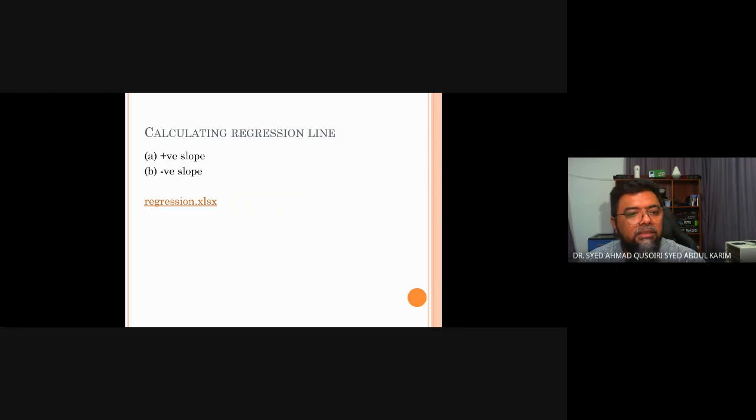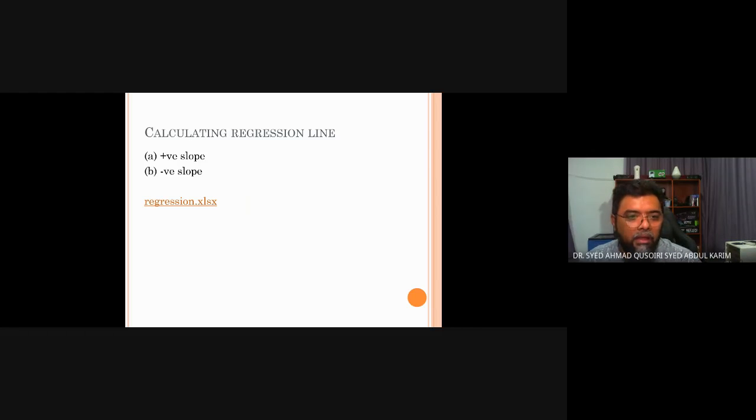So calculating the regression line, we have the positive slope and the negative slope. For the positive slope, especially for a linear relationship, as the value of x increases 1 unit, the value of y would also increase.